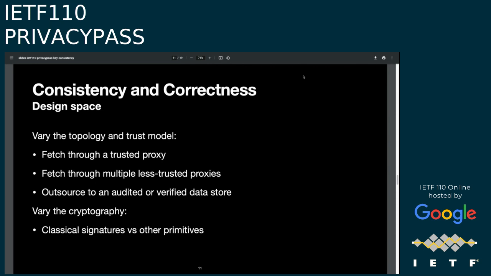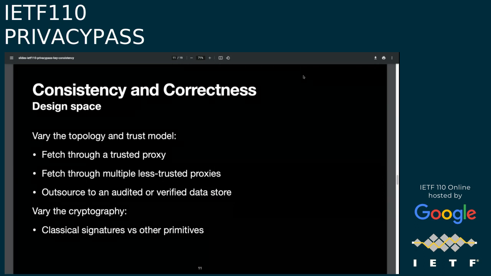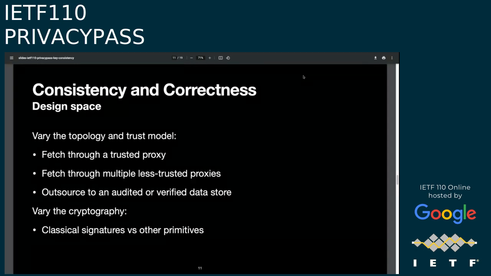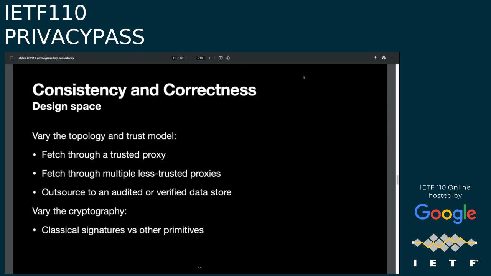You could also vary the cryptographic techniques under the hood that are used to produce proofs of correctness. You could rely on classical digital signatures, as is probably the most common case here, or perhaps there are other types of cryptography that might be applicable, like somehow making novel use of identity-based signatures or identity-based encryption for these reasons. That's a hat tip to Eric.